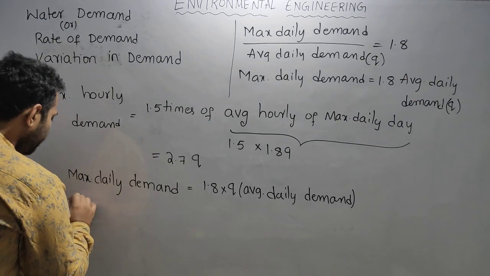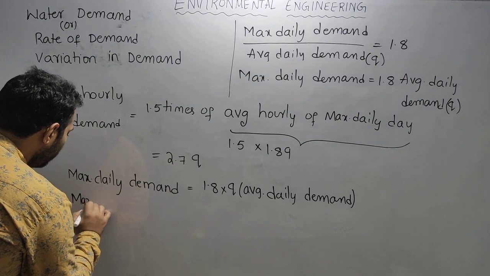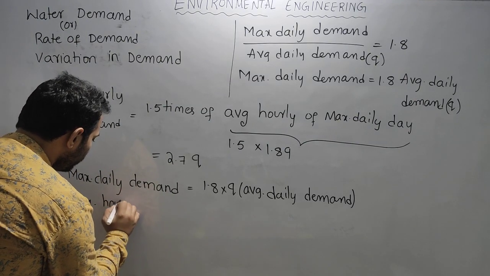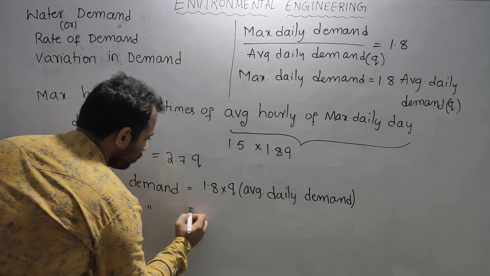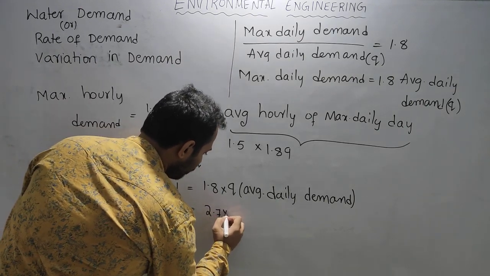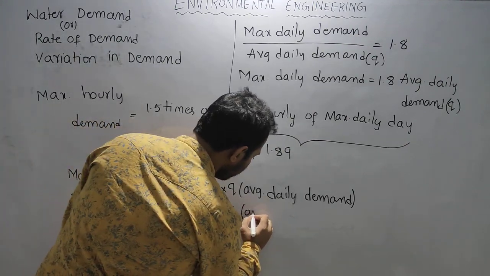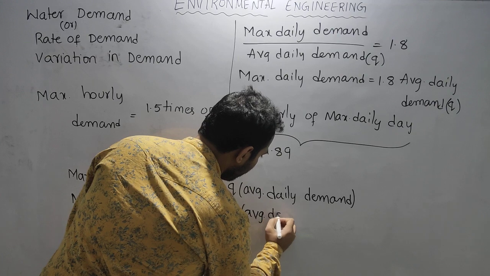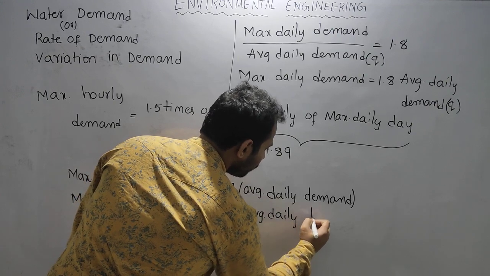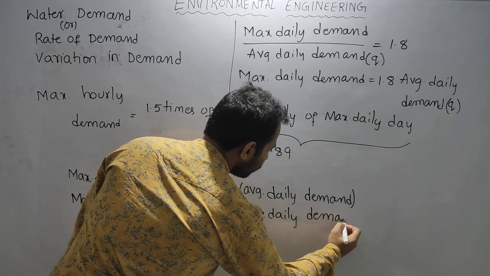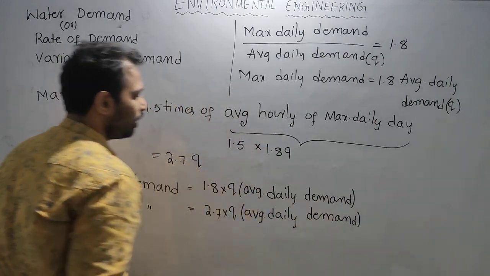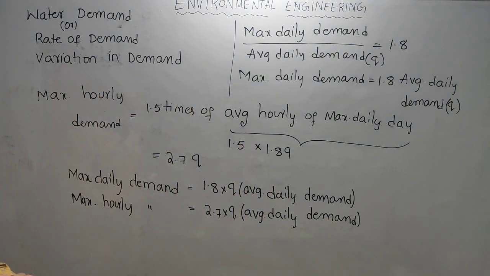Similarly, maximum hourly demand is equal to 2.7 times Q, where Q is again average daily demand. Okay, so these are the variations in demand.